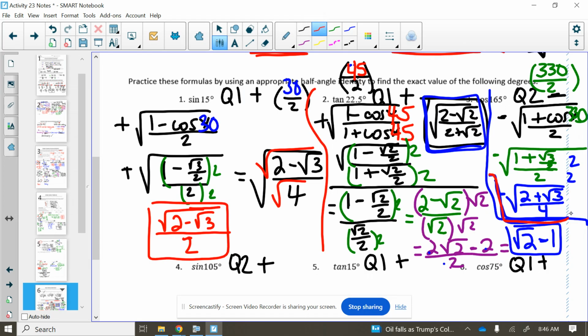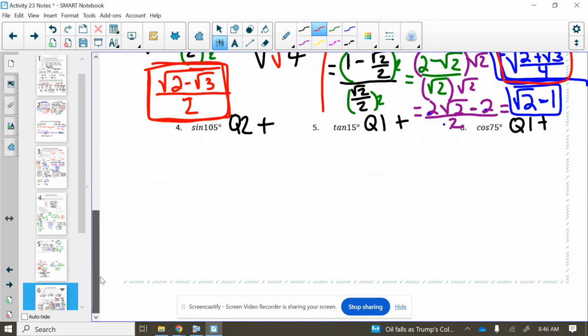Sometimes you will see, like we did over here, where they simplify and you have that square root 4 just become a 2, not under the square root anymore. So be aware, multiple choice situation, you might see either example. All right, try the sine of 105 on your own. And then number 5, let's look at another tangent question.